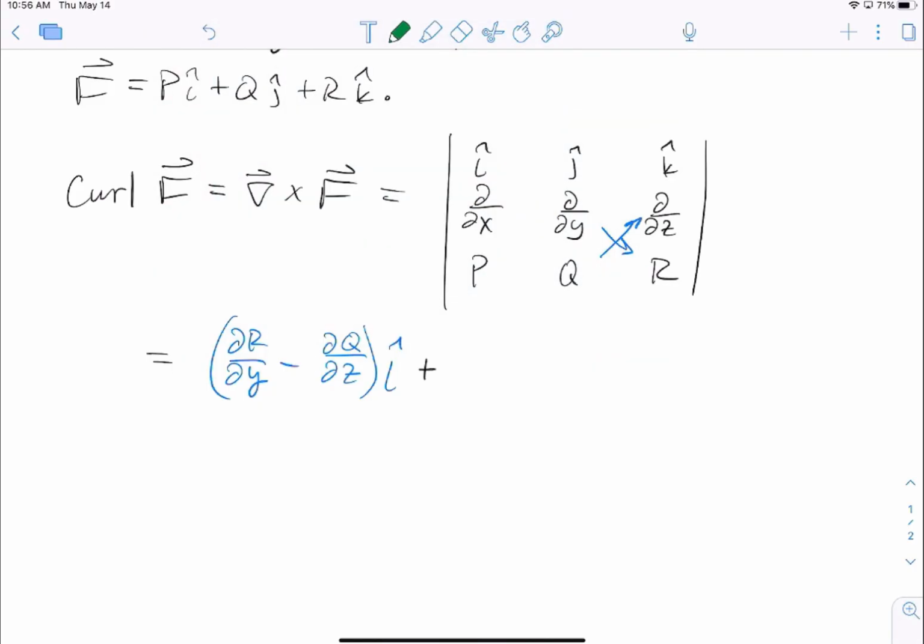We're still going to cross out the row and column that contain j, and then form a determinant of what's left. It would be partial with respect to x acting on R first, but we're going to reverse that because we used a plus instead of a minus. And so we have the partial of P with respect to z minus the partial of R with respect to x times j.